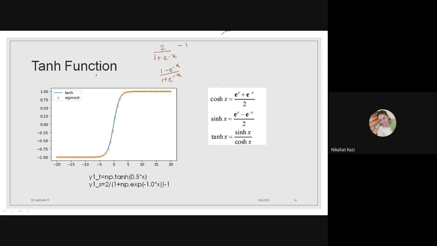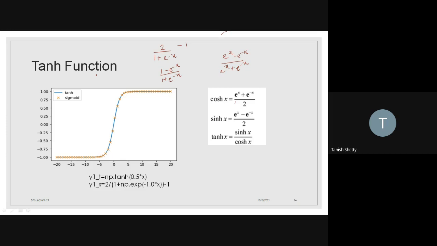This is for the sigmoid, and the tanh that you have with you is e raised to x minus e raised to minus x divided by e raised to x plus e raised to minus x. Divide numerator and denominator by e raised to x.